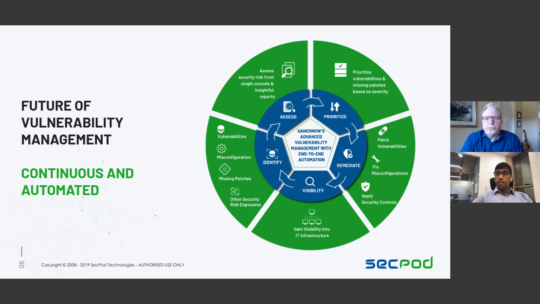Maybe I need to uninstall unauthorized software applications. Maybe I need to stop certain services that are not supposed to be running within the environment. So all of these are security controls that go beyond traditional patching in order to truly mitigate the vulnerabilities.